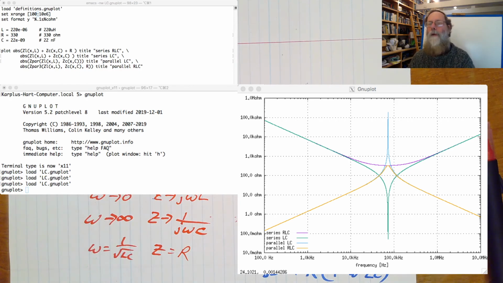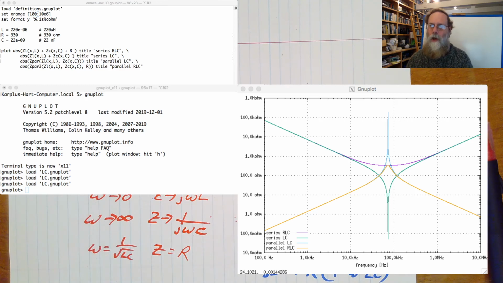And how far away from the resonance it starts behaving like just the LC circuit depends to some extent on what the resistance is, because it's going to basically trim off everything going beyond a certain point.